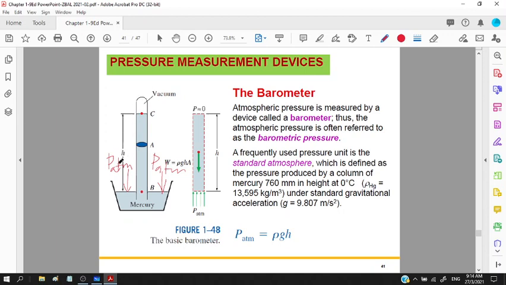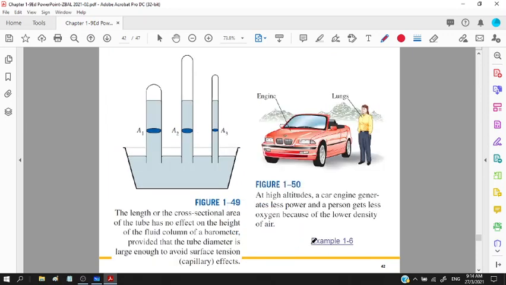The H value always differs when the P atmospheric changes. So this is the formula whereby we use this type of barometer to get the P atmospheric. And if we have different sizes of column, the P atmospheric is still the same.